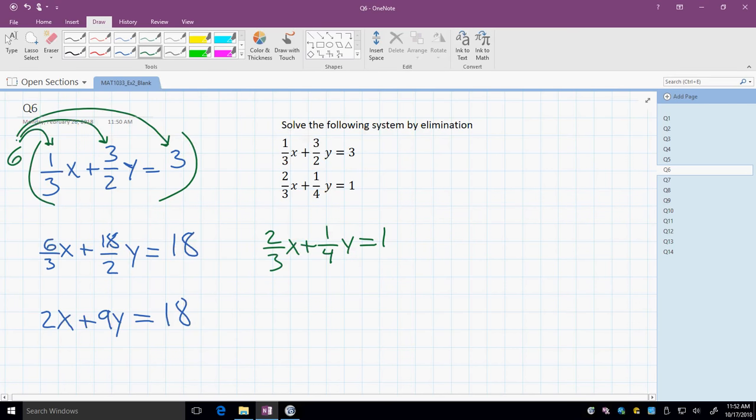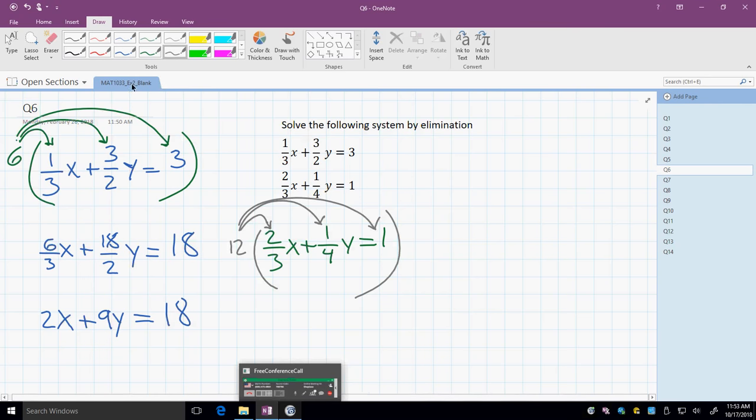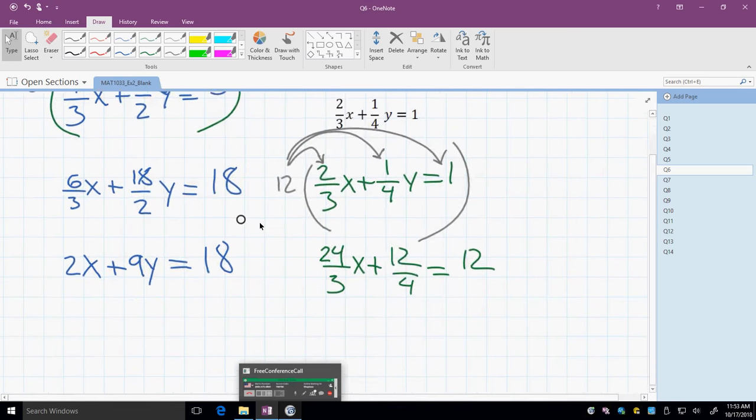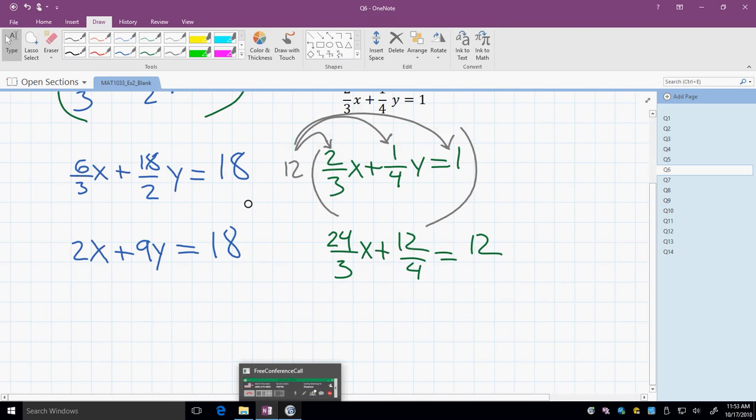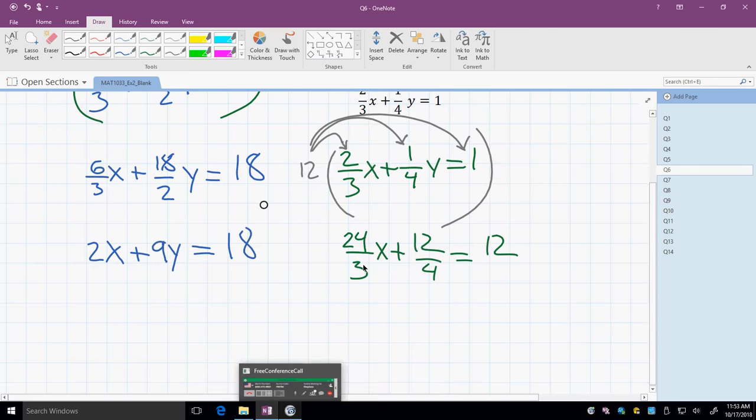The same thing. 3 and 4, nothing in common. We have to multiply them together. That is going to give me 12. So I'm going to multiply 12 by everything in here, every single term. So 2 times 12 is going to give me 24 over 3x plus 12 over 4 equals 12. 12 times 1.